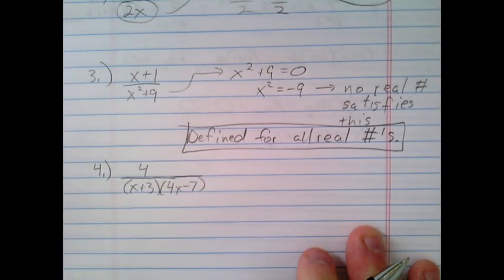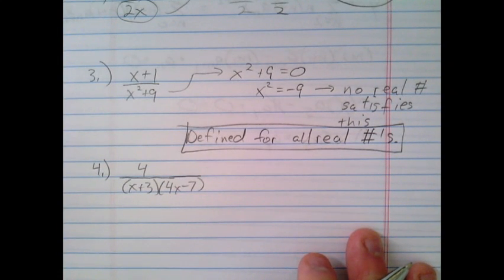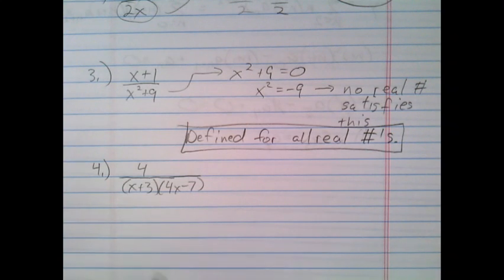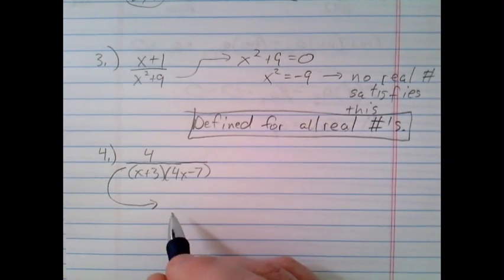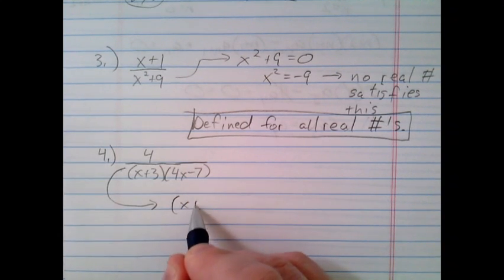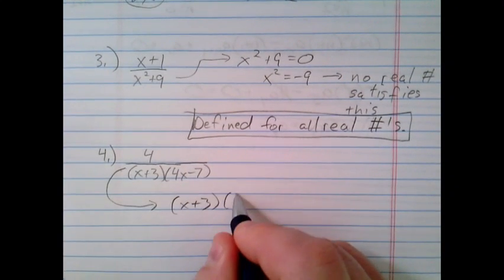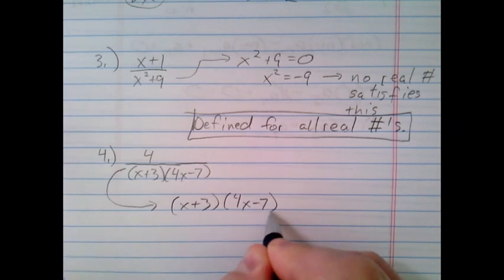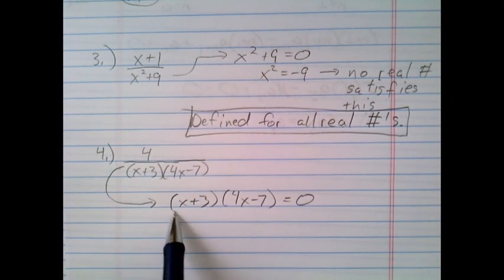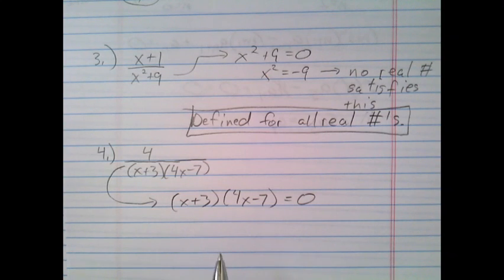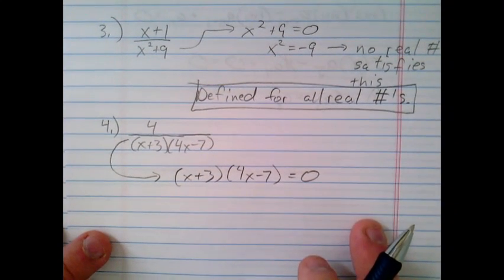Alright, number 4. In this case, the denominator has 2 factors. Doesn't really change my strategy though. I'm going to set the denominator equal to 0 to see if there's any x values that make the denominator equal 0. Since my denominator is a product of 2 factors, if either factor equals 0, since 0 times anything is 0, that makes the entire denominator equal to 0.